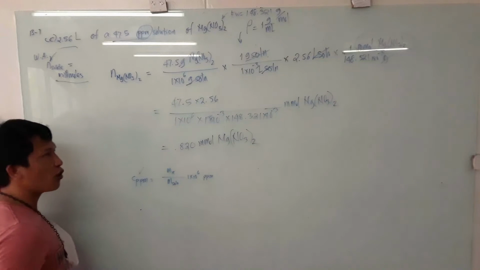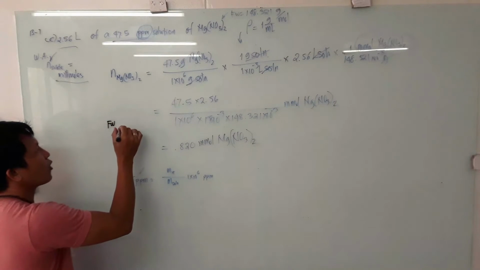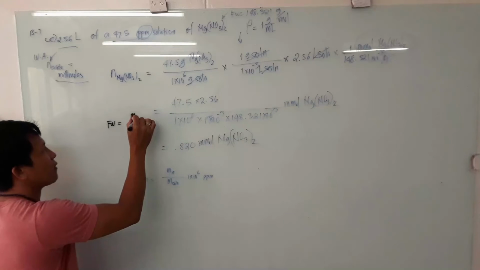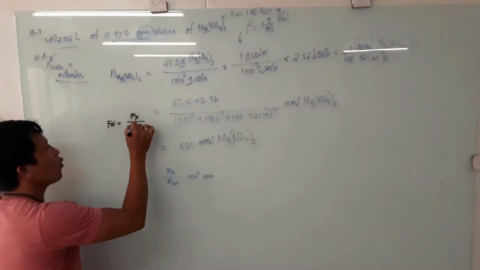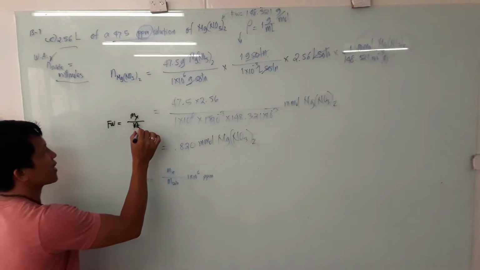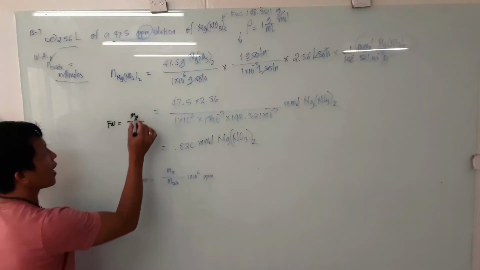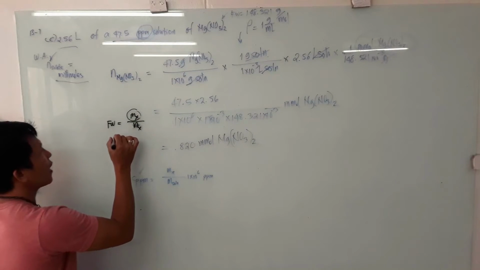For your mass of solute, of course, we've already seen that we need the formula weight. The formula weight actually is the mass of that species X per number of moles N of X. So maybe we can try to plug that in and substitute it for Mx.